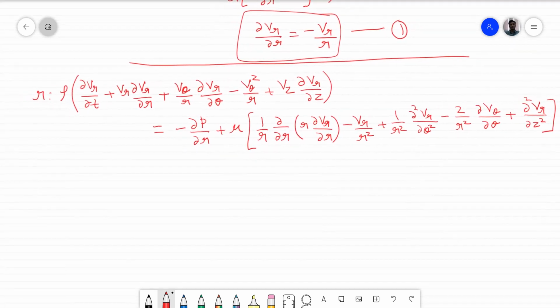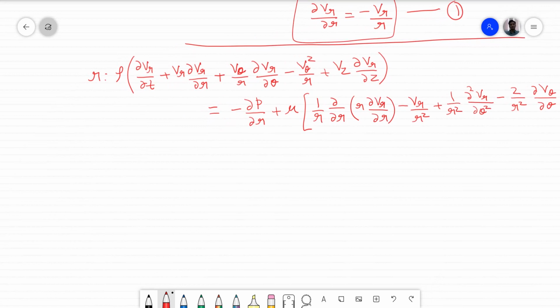Now let us see which terms we can neglect from here, or let me first write it for the theta direction as well, and then we can see it for both the equations.